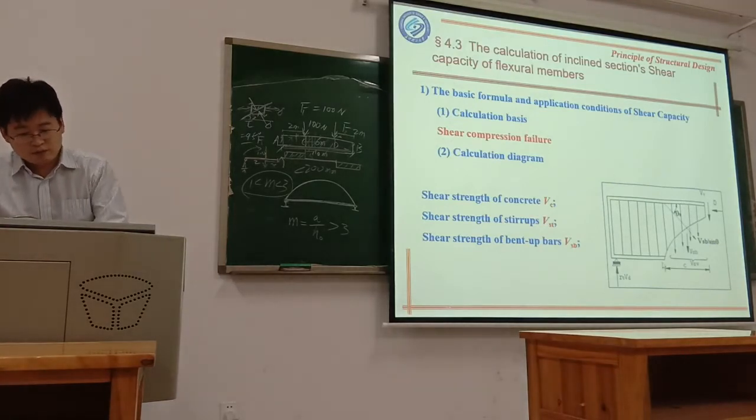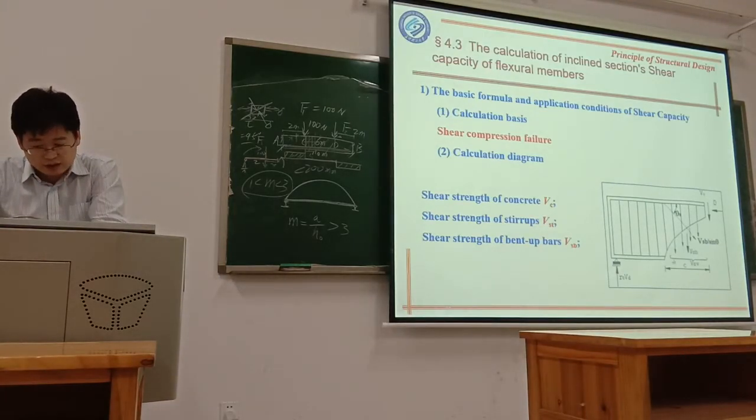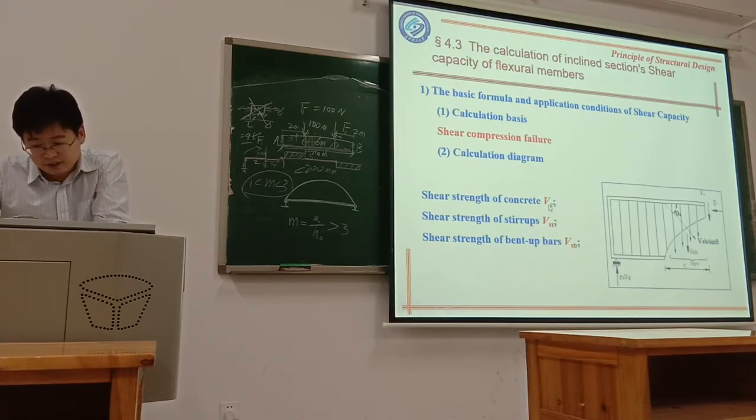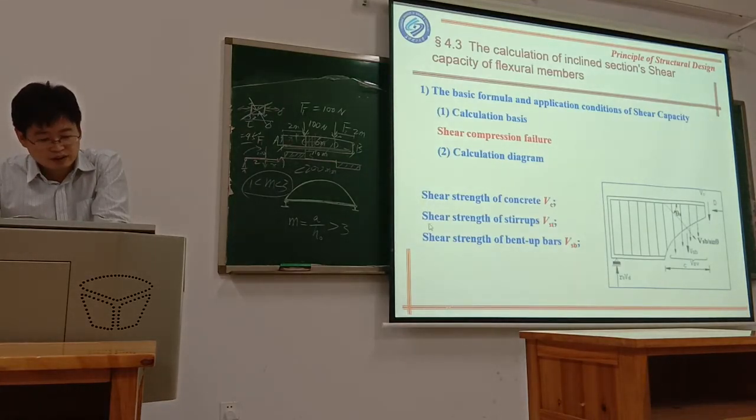So when we calculate the shear force in this inclined section, the force we need to consider is here. We see the shear strength of concrete, the remaining part of concrete. We see the shear strength of the stirrup.